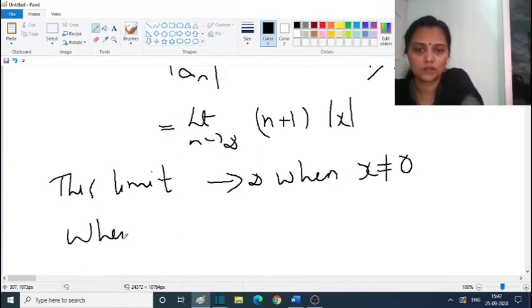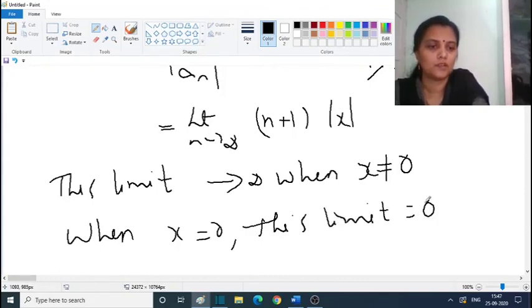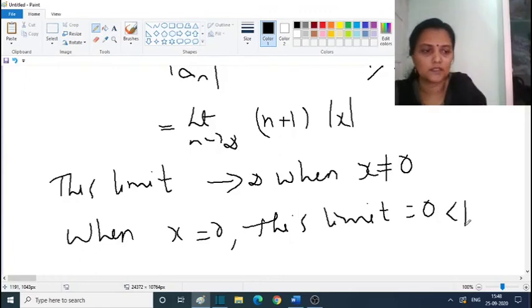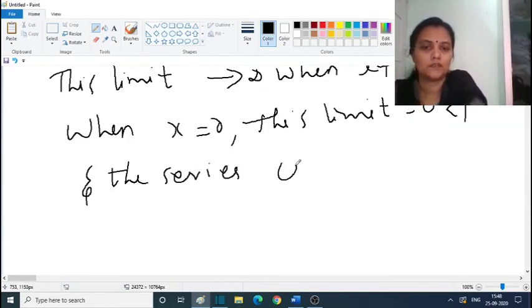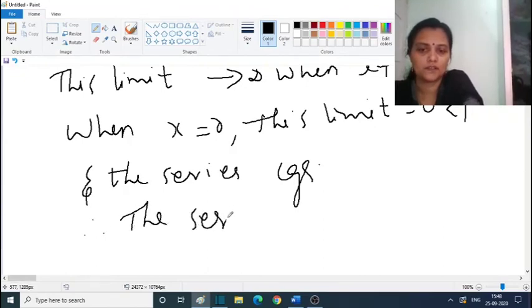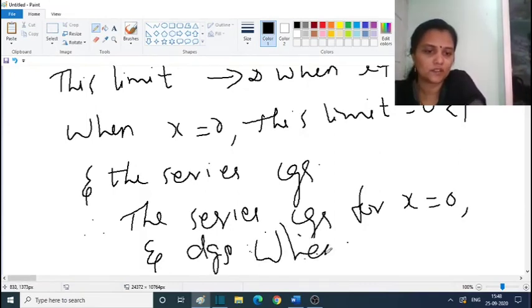When x equal to 0, this limit is equal to 0, which is less than 1, and the series converges. Therefore, the series converges for x equal to 0 and diverges when x not equal to 0.